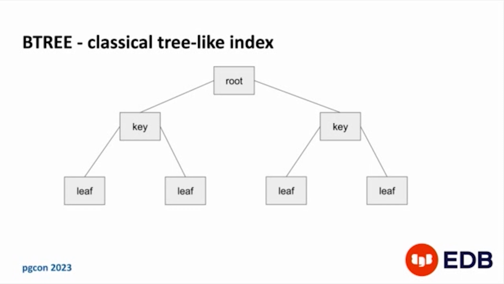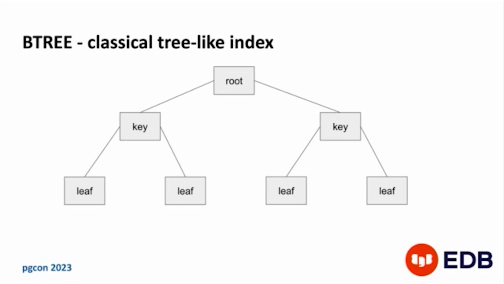But you can imagine the index a bit like this, right? So you have a root, which is a page, but usually the fan-out is much larger. I only show a binary tree essentially here, but it could be like 100 different values on each level.